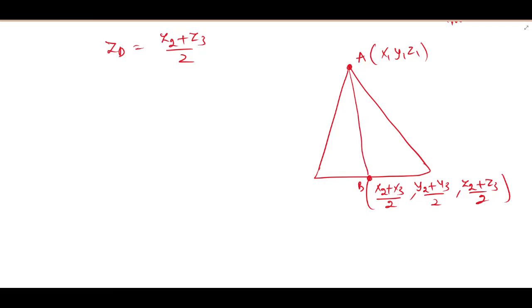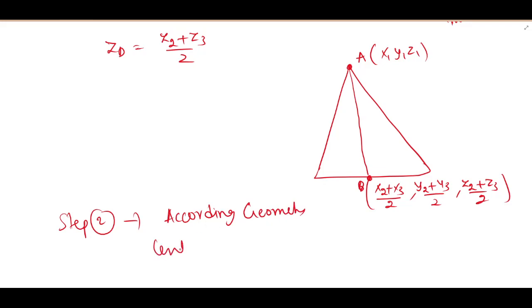This is a median, and step 2 is: according to geometry, the centroid divides the median in the ratio 2:1.